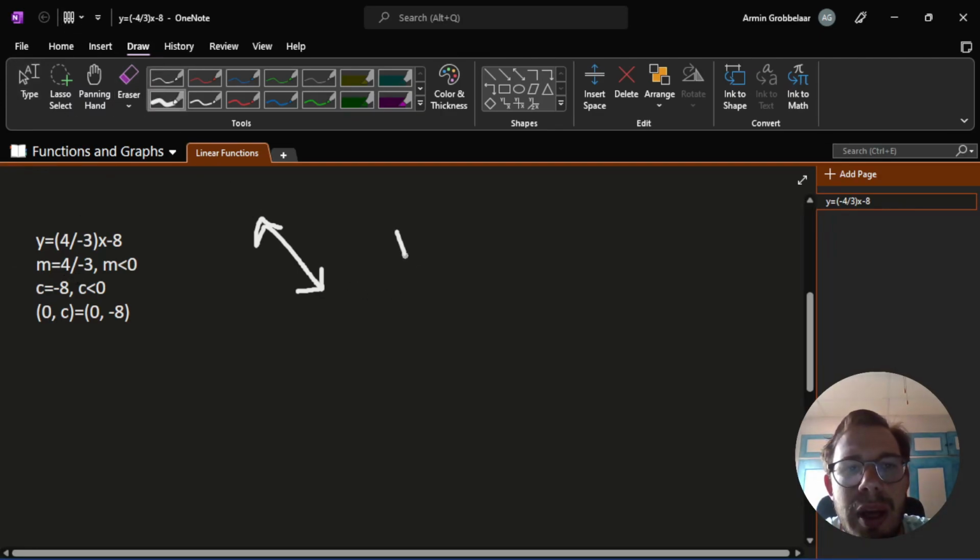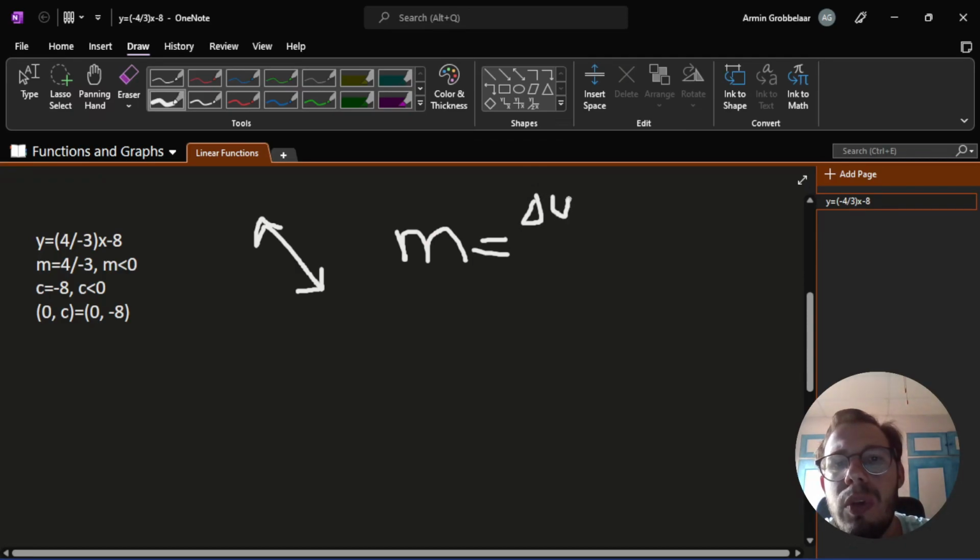So you remember m is equal to the change in y over the change in x. That's the gradient of the linear function, the value of m. So you can see here it's also equal to the rise over the run.